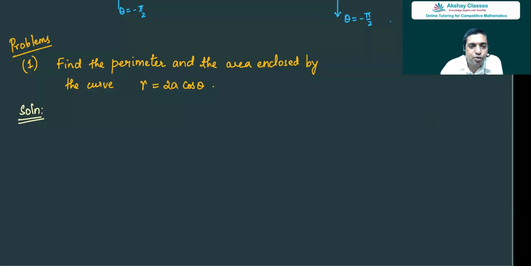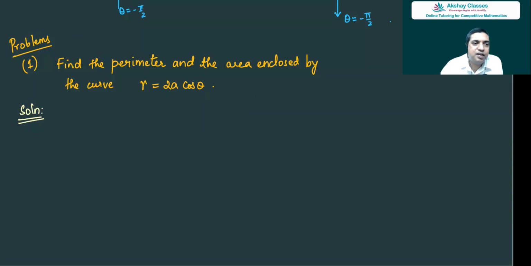What is R equal to 2A cos theta? Anyone? You can unmute yourself and speak. Sir, circle with diameter 2a. Very good. Excellent. Circle with diameter 2A.